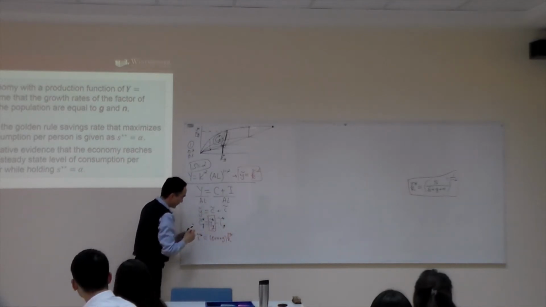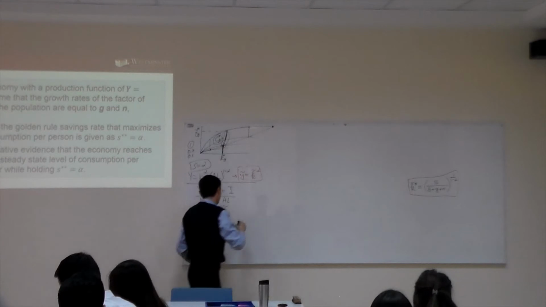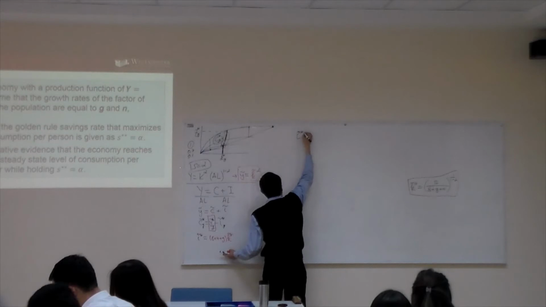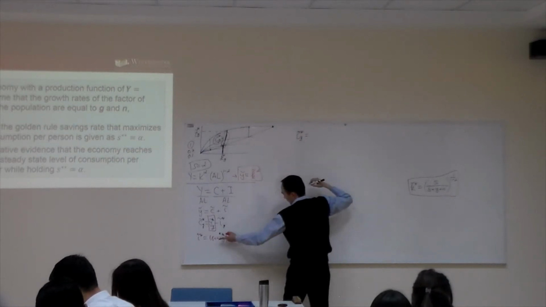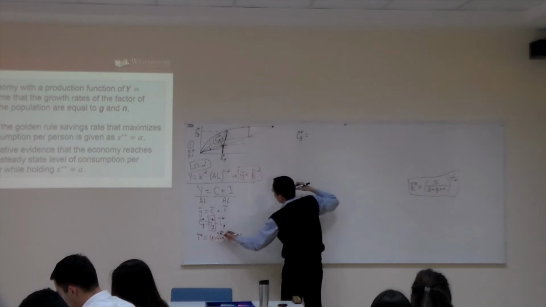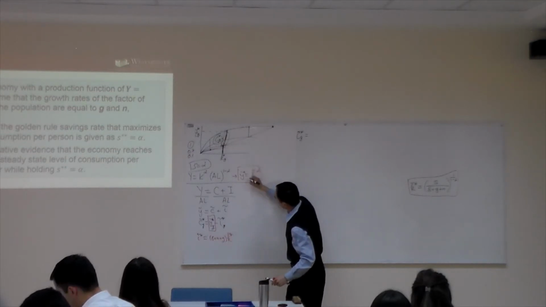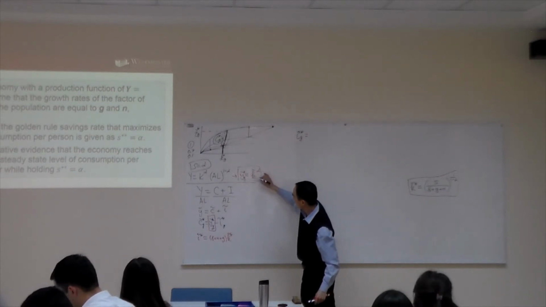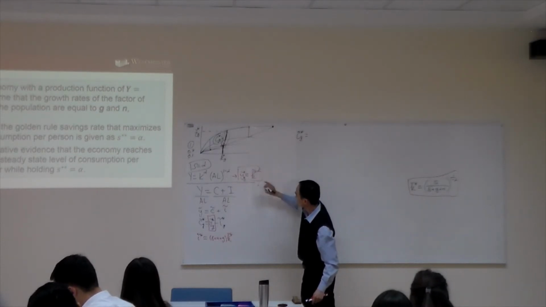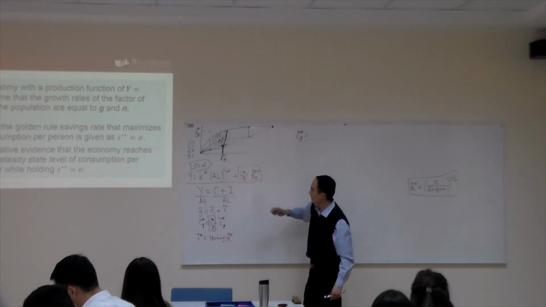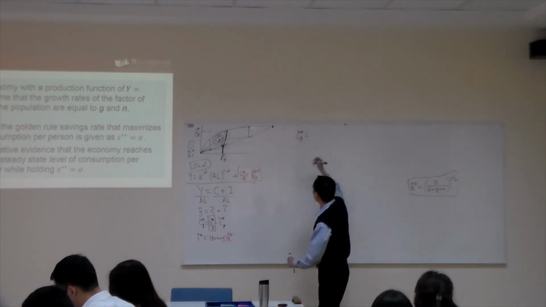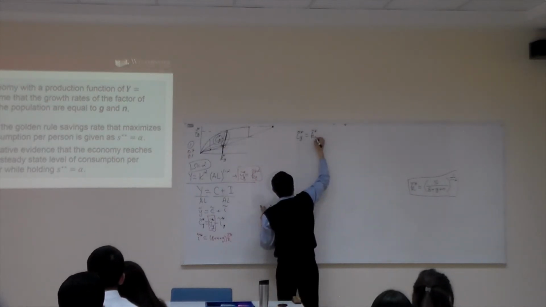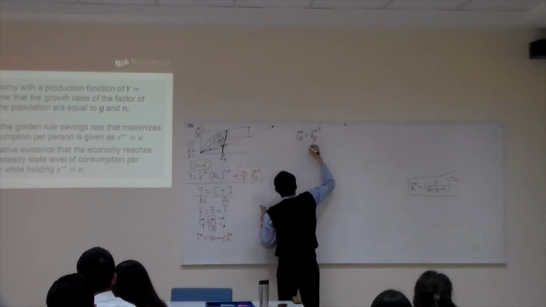So now if you rewrite it, consumption per effective labor in the steady state level and golden level is equal to y, which is going to be at the steady state level in the golden level, if we have capital per effective labor in the steady state level in the golden level. So now we will place it instead of y, it will give us capital per effective labor in the steady state level in the golden level to the power of alpha.